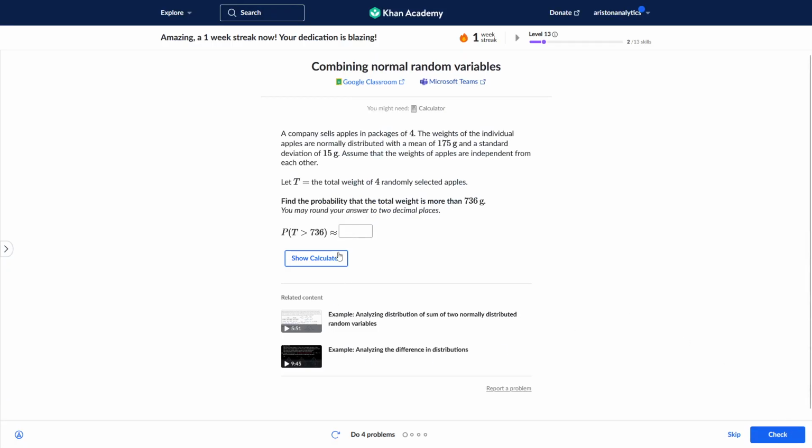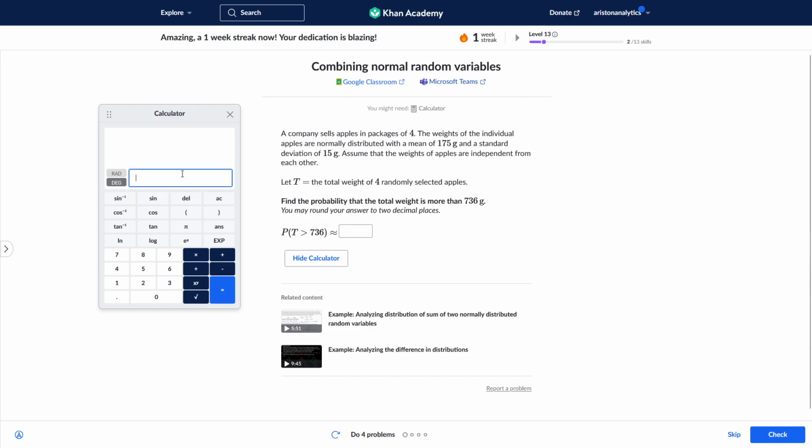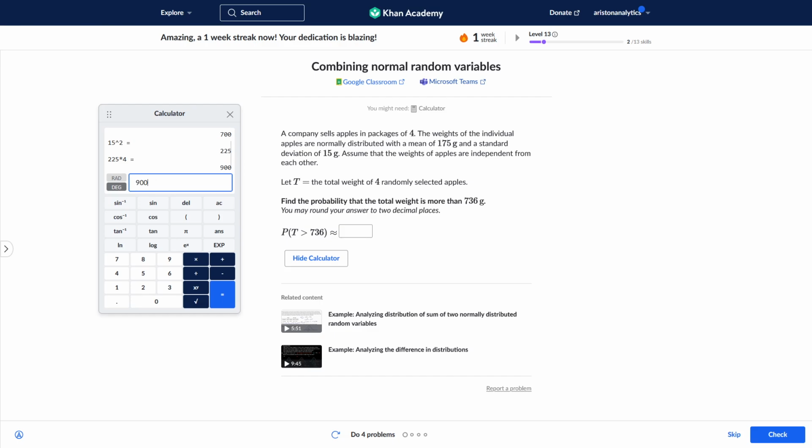Okay, find the probability. Okay, total weight of 4 apples. Mean 175 times 4. Okay, and the standard deviation 15 squared times 4.